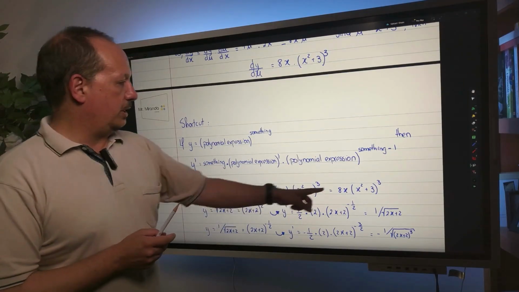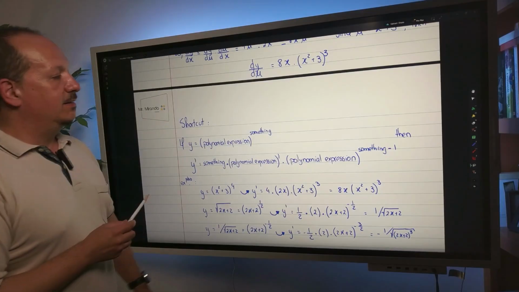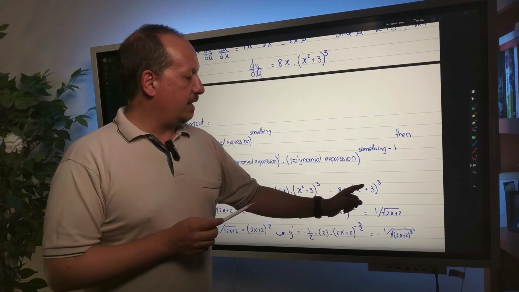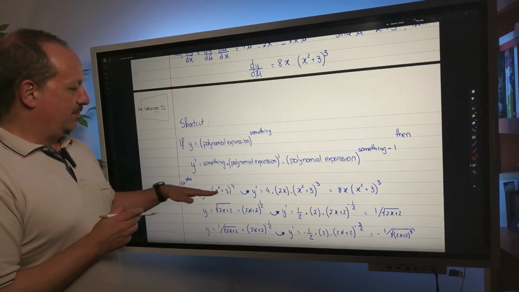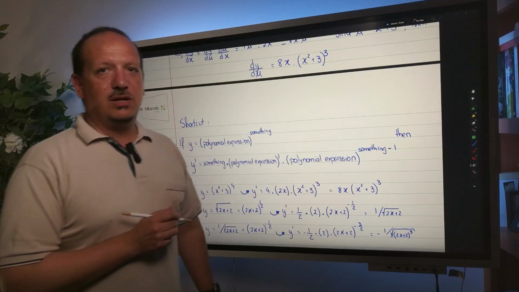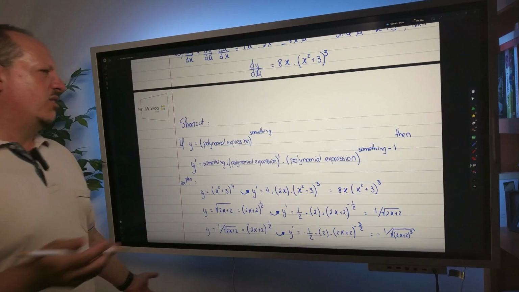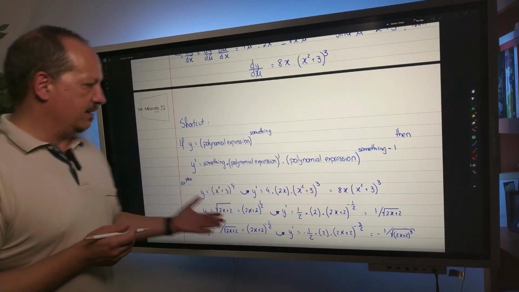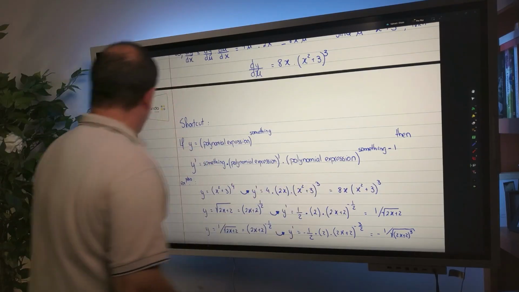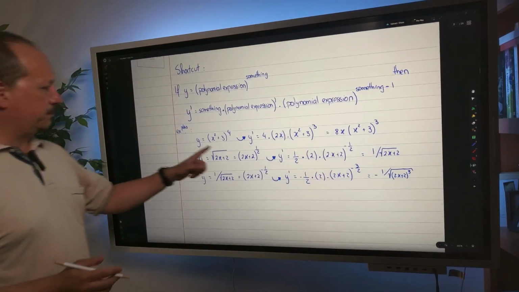So 4 times 2, that's just 8x, times, open brackets, x squared plus 3, close brackets, cubed. How much time do you need to solve this? Okay, 3 seconds, probably too little, but what, 10? 10 seconds, just the time to write the line, if you know how to do this very quickly.